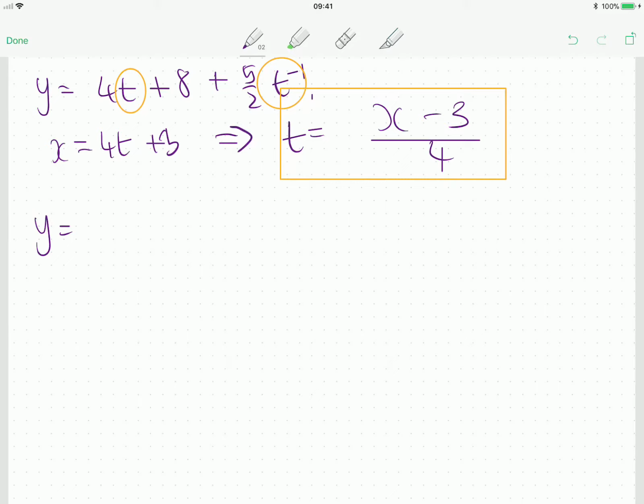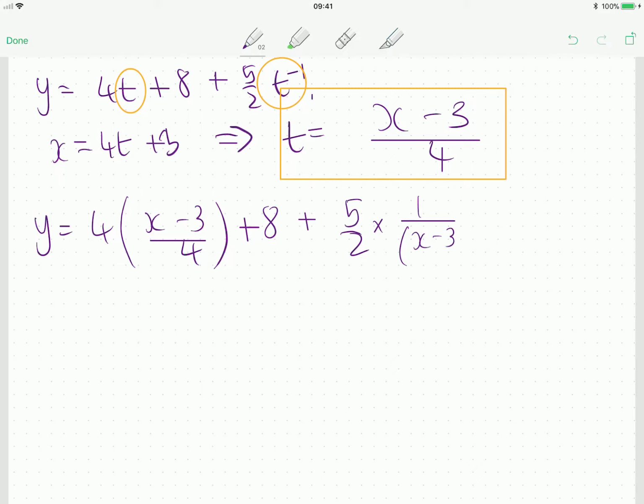Okay, so let's do it. So 4t is 4 times x take away 3, all over 4. Second term is 8. Third term is 5 over 2 times 1 over t, and t is x take away 3 all over 4. Now we're just dealing with some algebraic fractions. These 4's cancel in the first term, giving x take away 3.